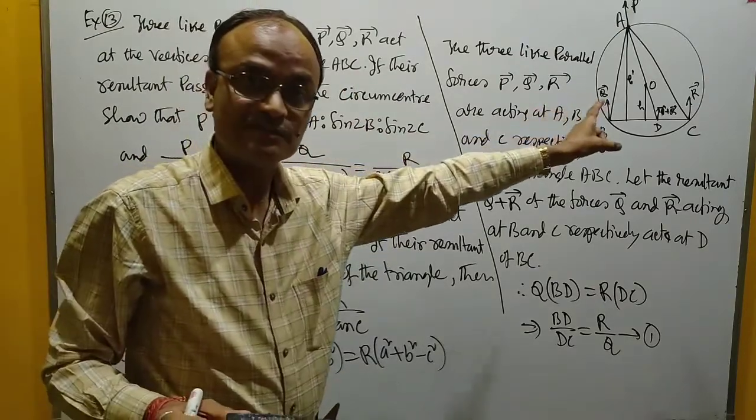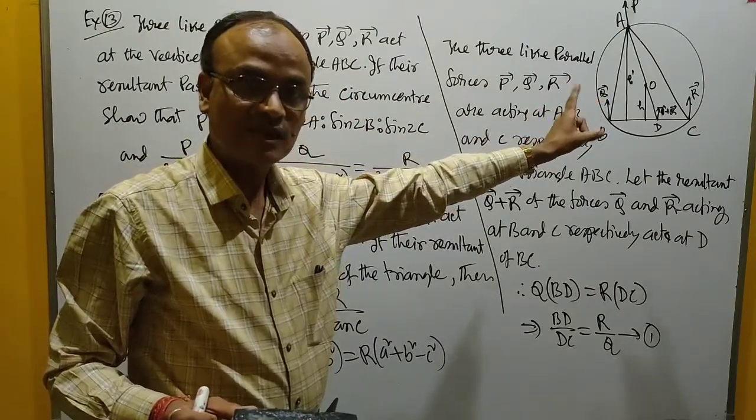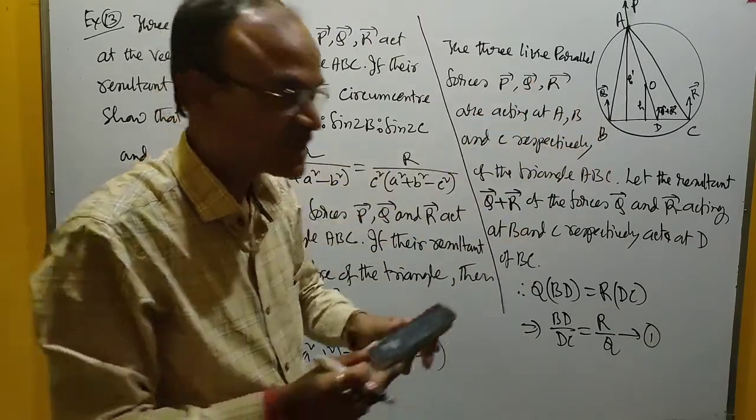Now, the resultant passes through the circumcenter of the triangle. Let O be the circumcenter.